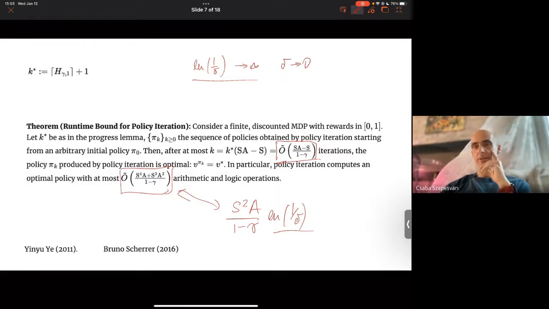Just think about how much do we know about how long it takes to multiply two matrices? Do we know the answer to that? Well, we have upper bounds, right? Let's say square matrices. How long does it take to multiply them?